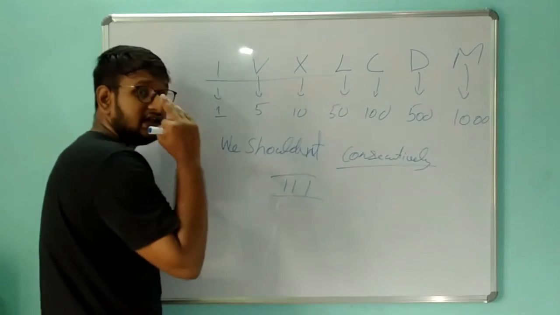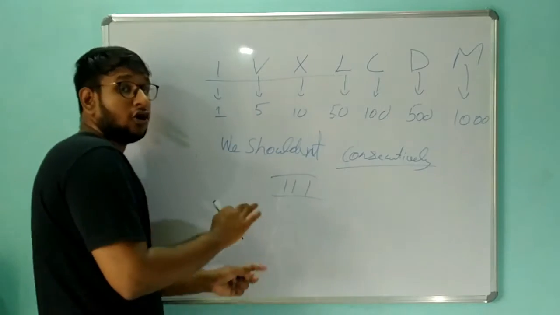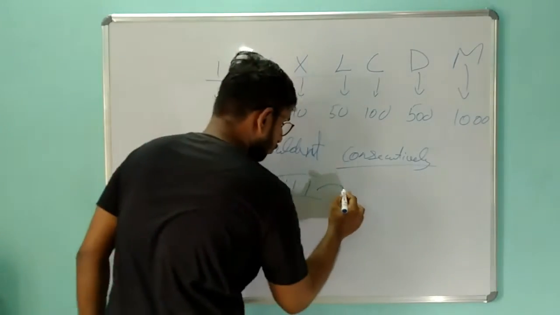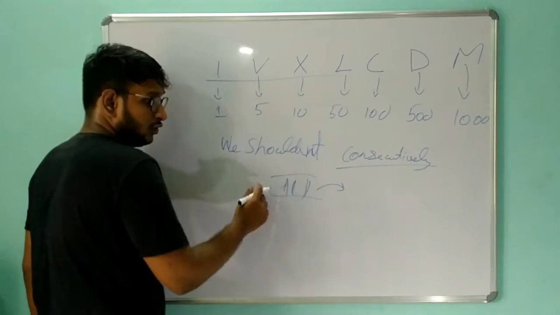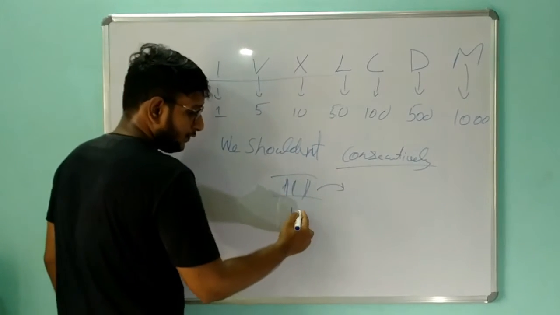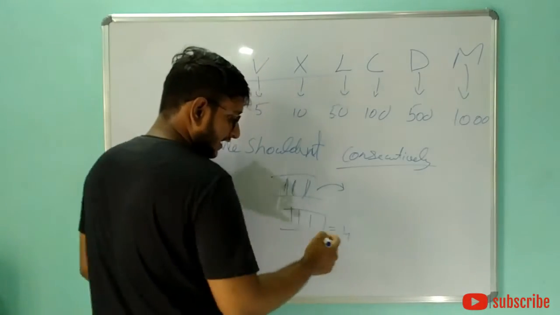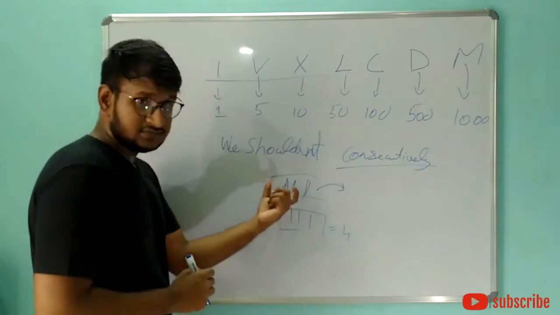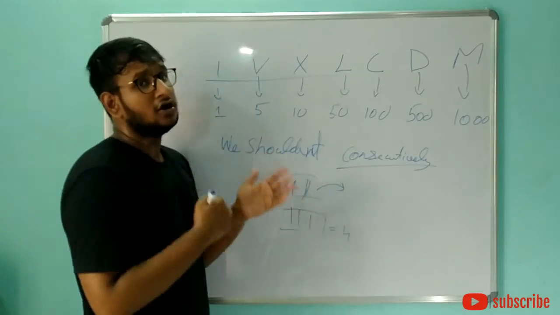You can use a symbol repeatedly for 3 times, but not more than 3. That's why we use 1 1 1 to represent 3, but we do not use 1 a fourth time to represent 4. Do you get it? So we can use the same symbol consecutively, repeatedly, for 3 times, but not the 4th time.